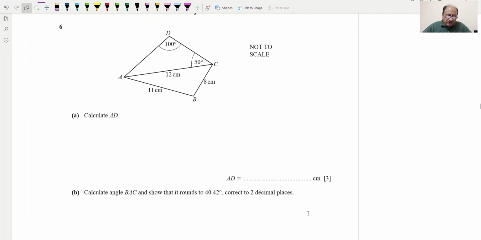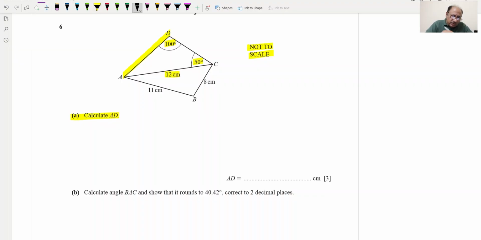Now question number 6. This is an interesting question. Calculate AD. AD is this side which we need to calculate. Diagram is not to scale. So we have an opposite side which is 12 and its opposite angle, and AD's opposite angle is 50.